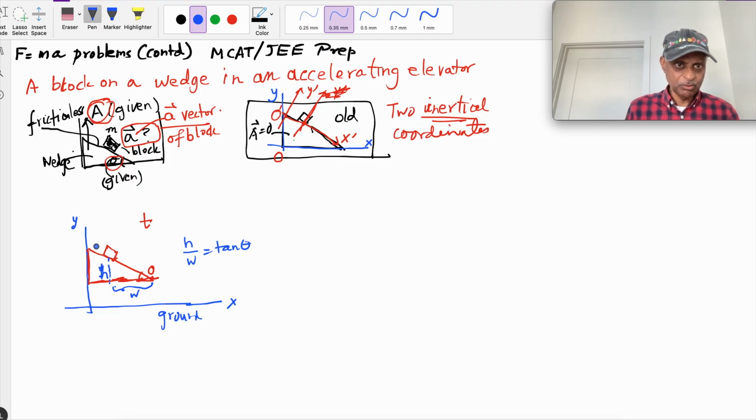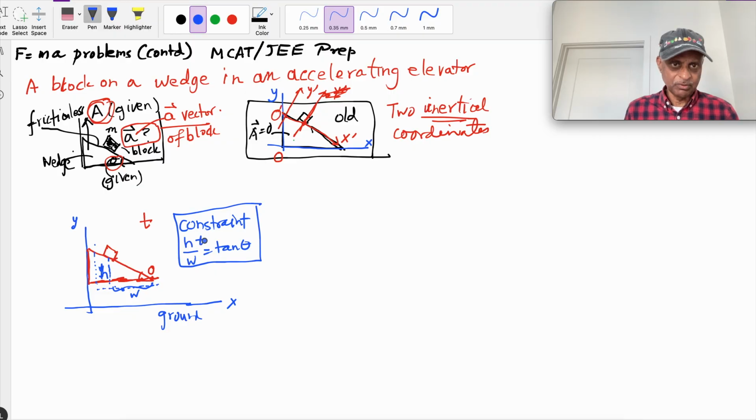If the block was over here, the ratio of h and w will still be tangent theta. So this is called a constraint. No matter where the block is on this wedge, it must follow a constraint like that. But these are not the coordinates that are going to work out, so from the coordinates we need to find that, okay?